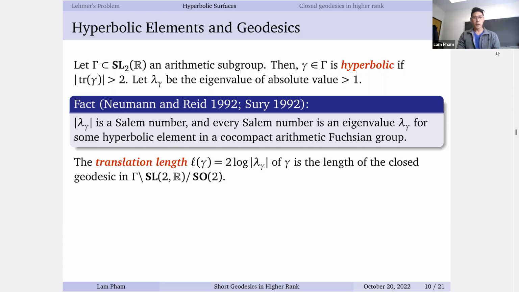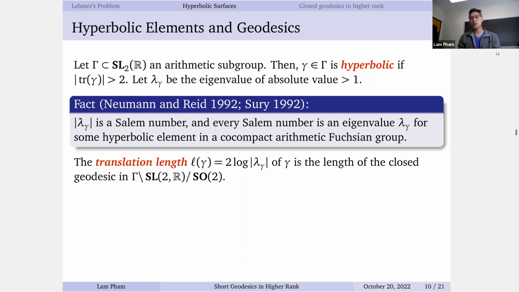If you want to view this more geometrically, we can define the translation length of the element gamma to be simply 2 times log absolute value lambda, the largest eigenvalue. And this corresponds to the length of the closed geodesic in the quotient of SL2R mod SL2 mod gamma.